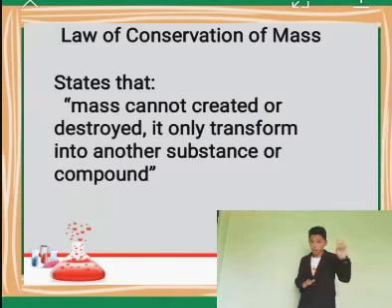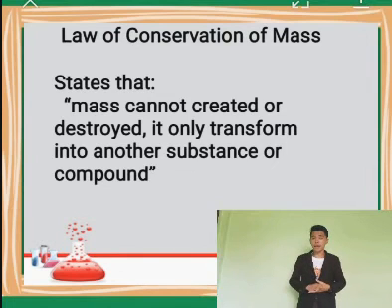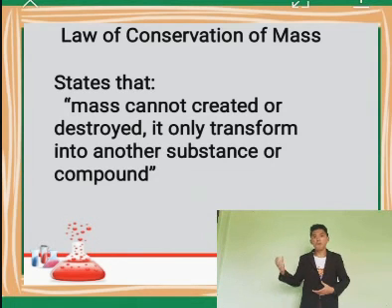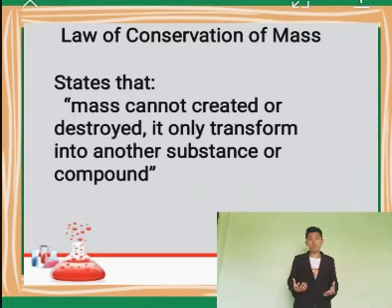The law of conservation of mass states that mass cannot be created or destroyed. It only changes into another substance or matter. Understood? Very good. So in balancing chemical equations, we must consider the law of conservation of mass.